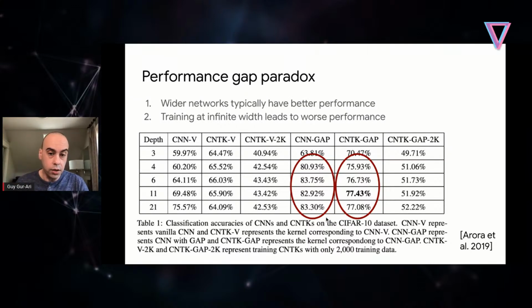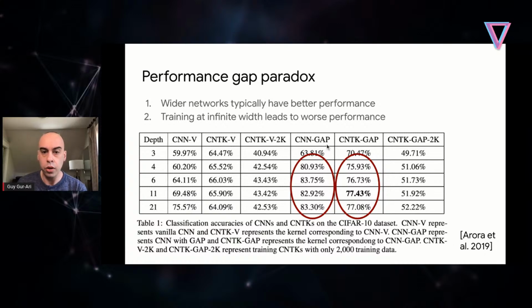And the results, of which I'm showing one example but which were fairly consistent, are that the performance you get by doing that is not as good as the performance you get by training an ordinary finite width network. This is an example from a paper by Arora et al. from 2019, on convolutional networks with an architecture detail called GAP.